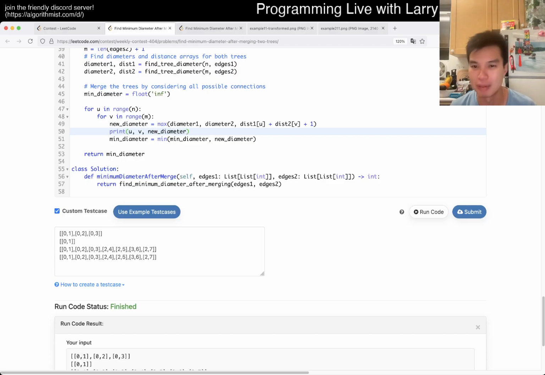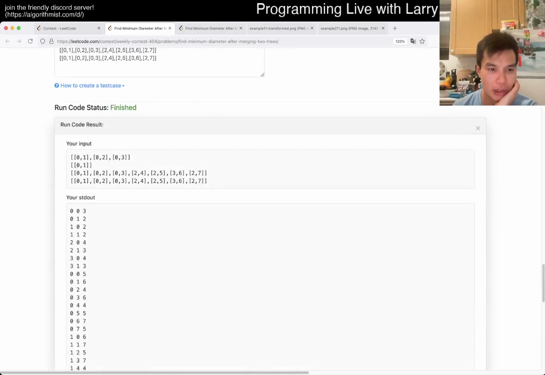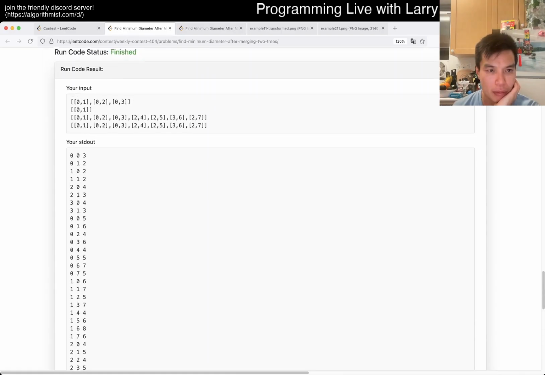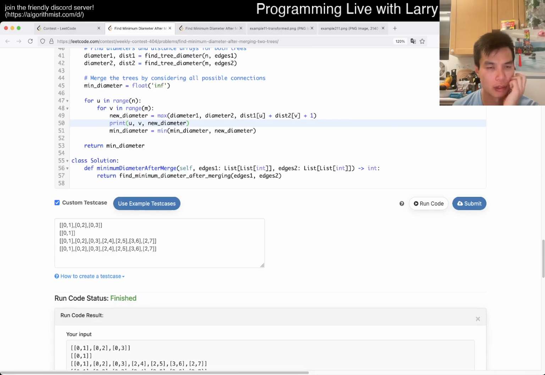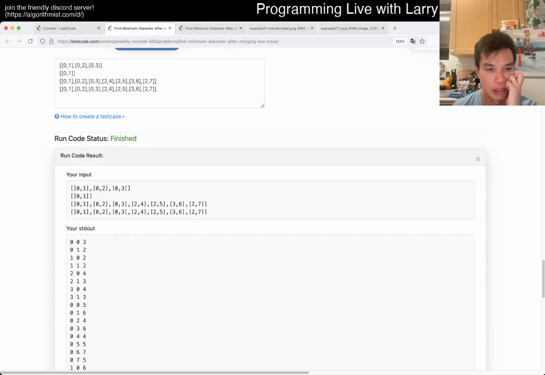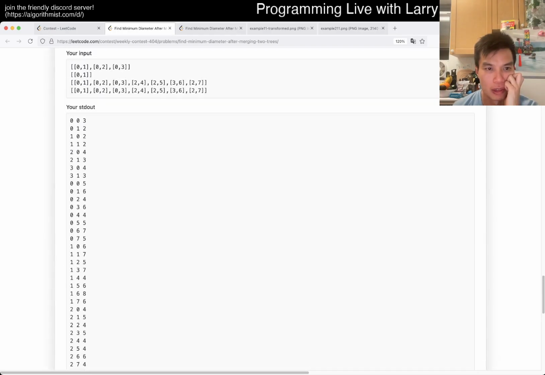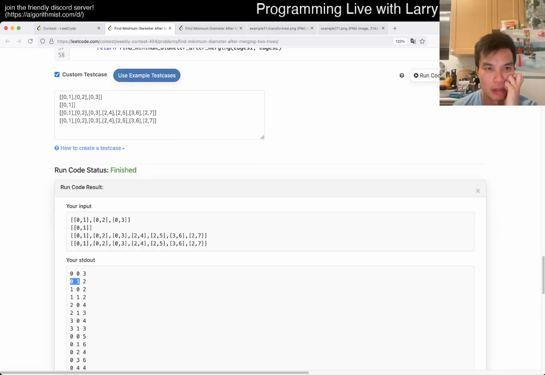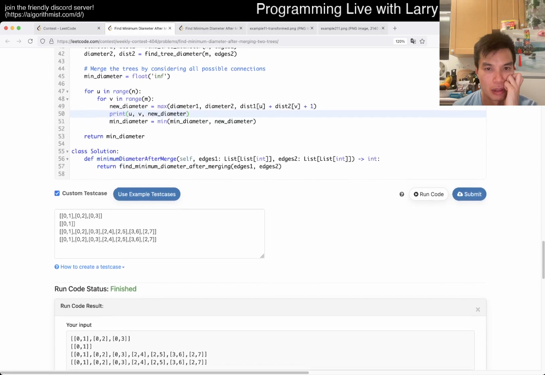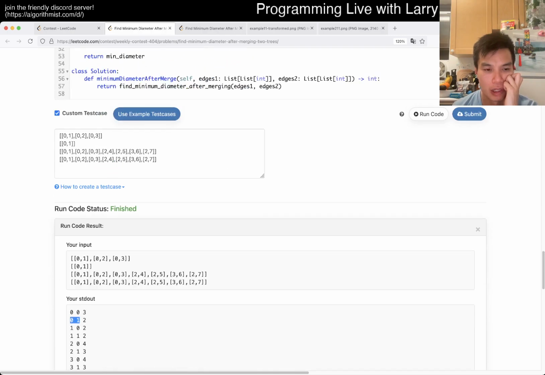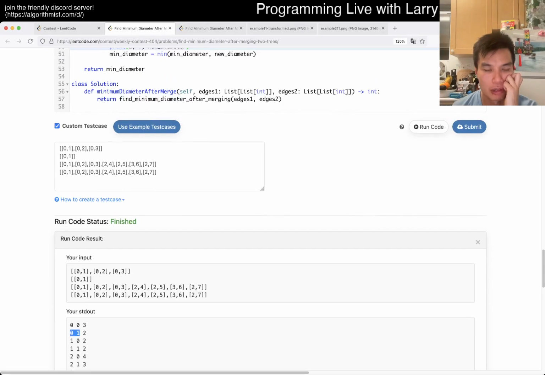Right now, I wouldn't say I'm upsolving because I knew how to do it, but I'm just curious why, trying to understand the more naive solution and wondering why that doesn't work. So 0 is 3. Where's the 2? 0 and 1. So it's 1 away, 1 away. One away, 1 away. So that's 2.